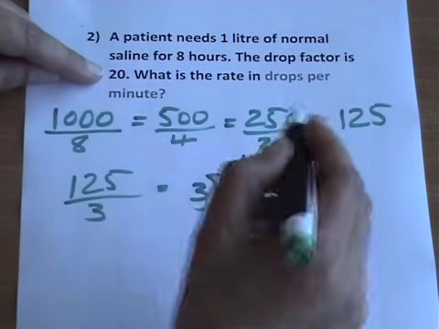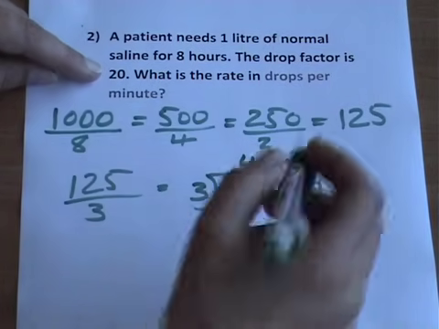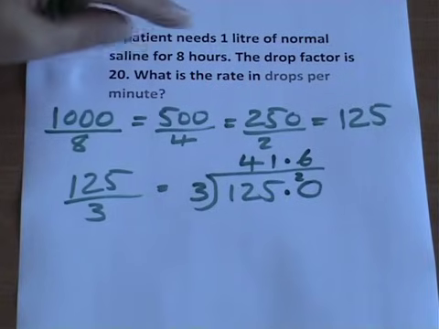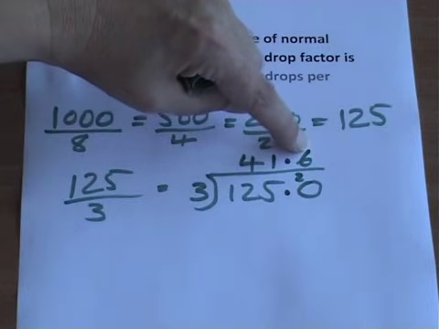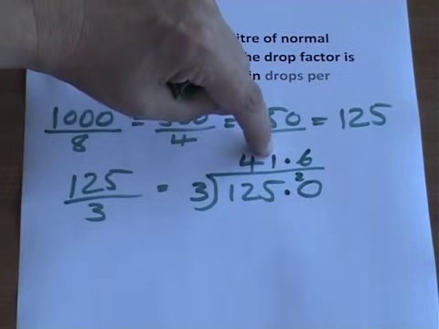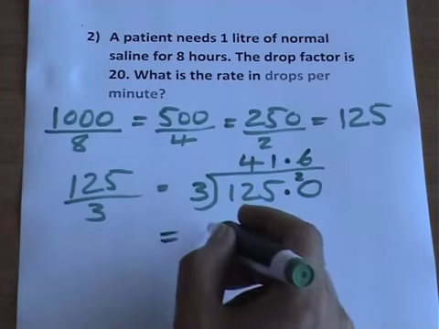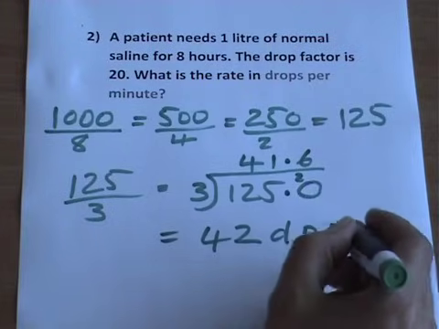Now I must line up my decimal point. 3's into 20 goes 6, and now I can stop, because the answer for drops per minute must be in a whole number. So I can look at the number 6 and see that this will round the number 1 digit up to a number 2. And so my final answer is 42 drops per minute.